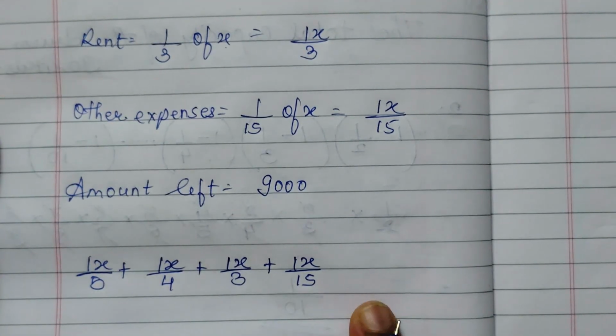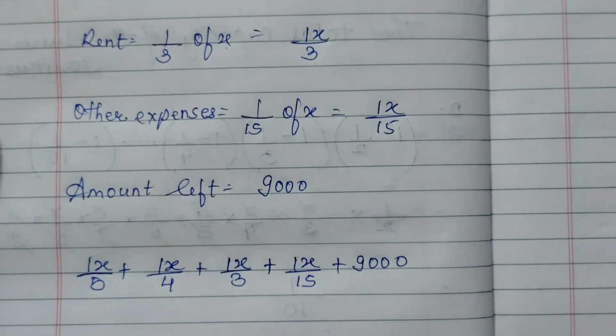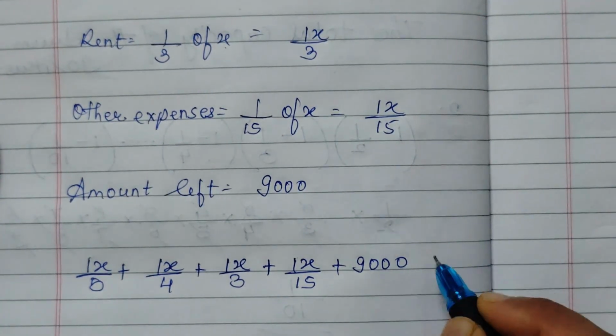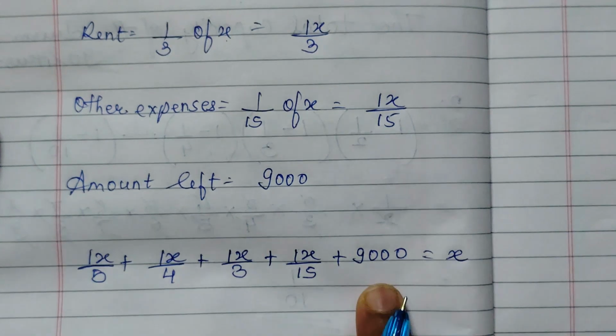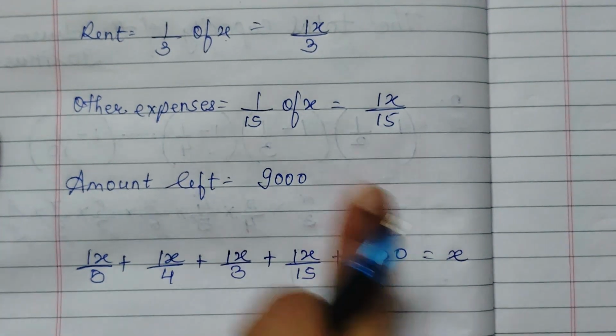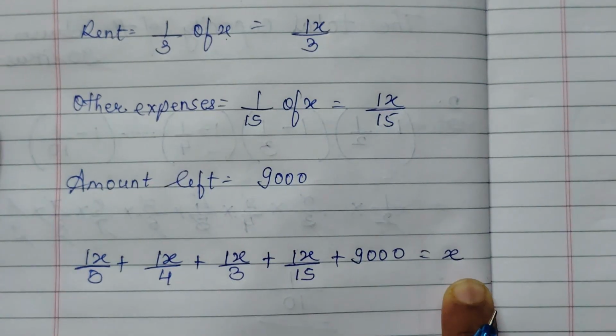All these expenses plus 9,000 together make his salary, that is X. All these expenses plus the amount left with him, everything totals to his salary, and we have written his monthly salary as X.